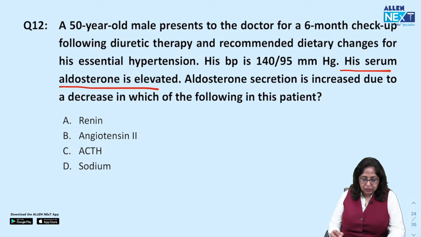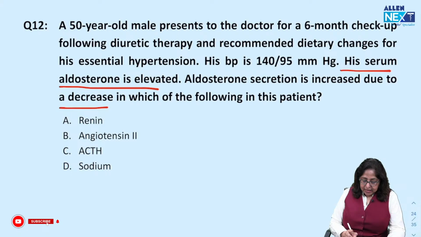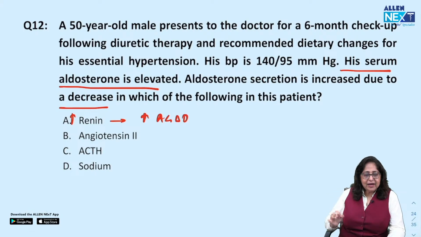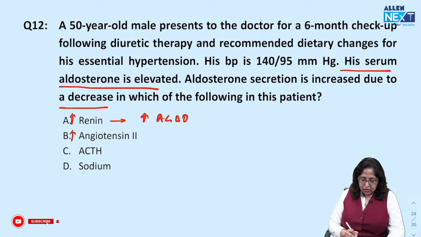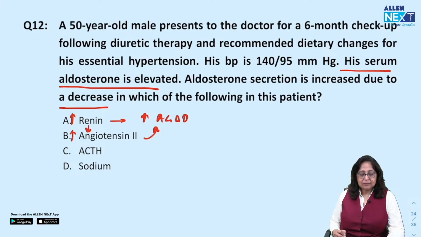Right? Increase in renin increases aldosterone. Renin-angiotensin aldosterone system. Increase in renin causes an increase in angiotensin. Angiotensin will increase the aldosterone. So both of these are not the answer.